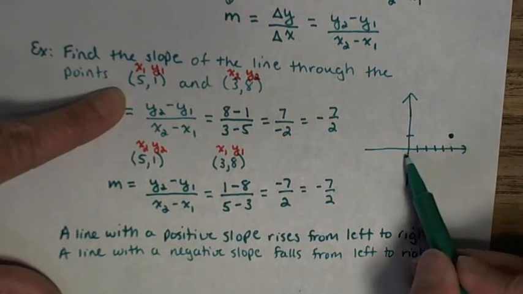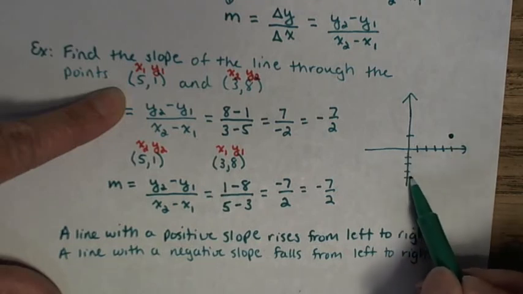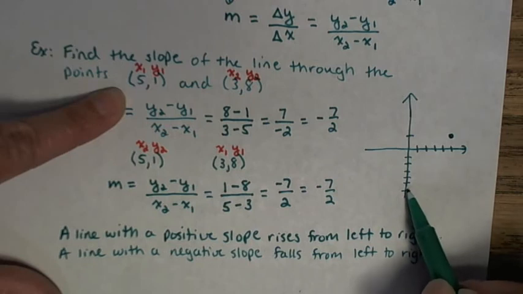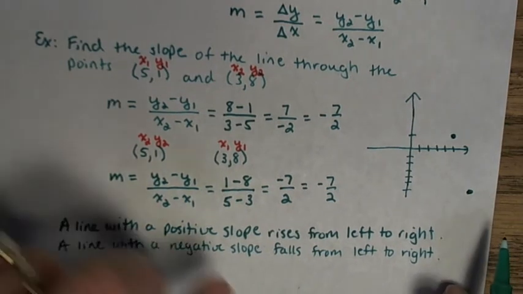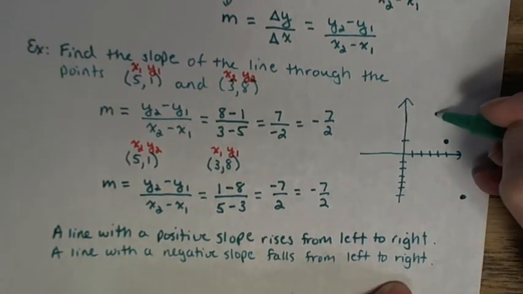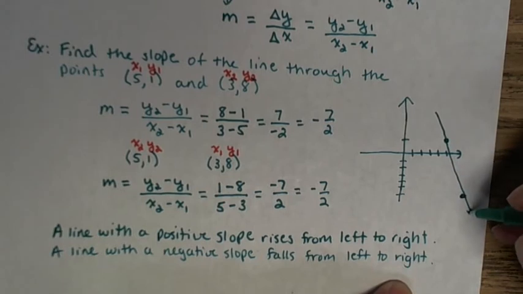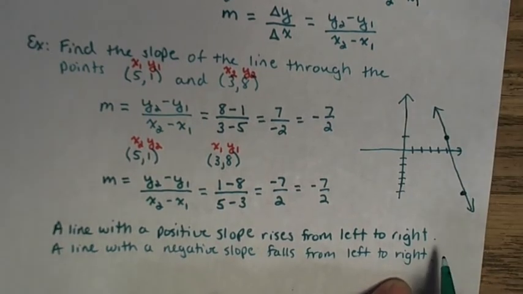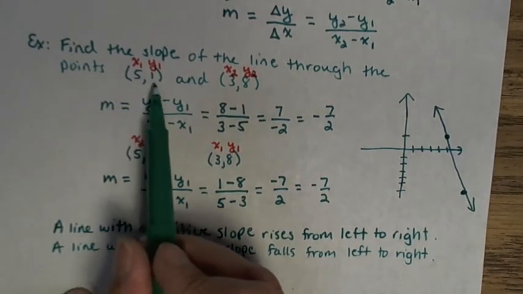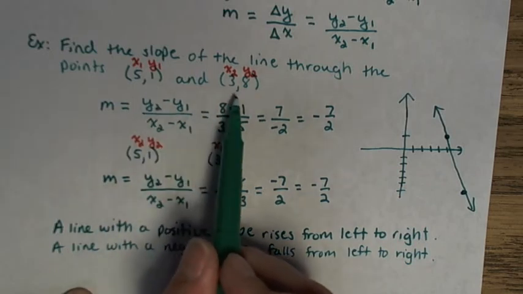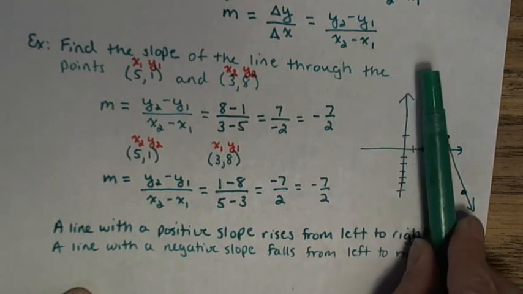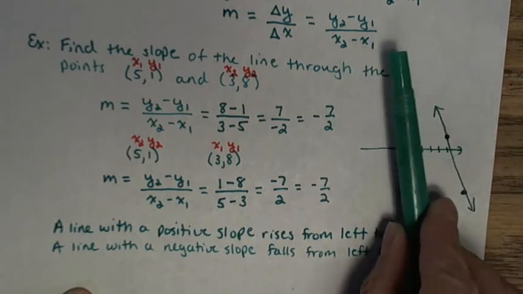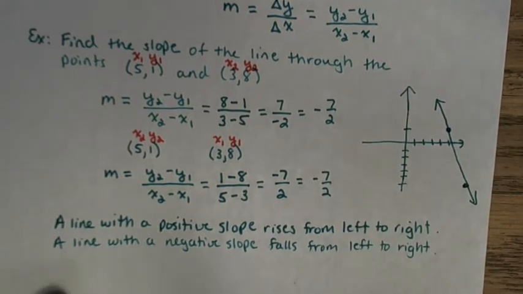So that would be 1, 2, 3, 4, 5, 6, 7. I'd go down 7 units and over 2 to get another point on this line. And if I sketch this line in, there would be the line that contains the point 5,1 and also the point 3,8. But notice it actually falls left to right.